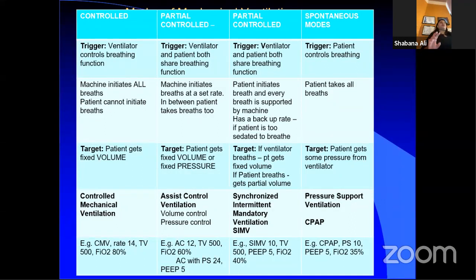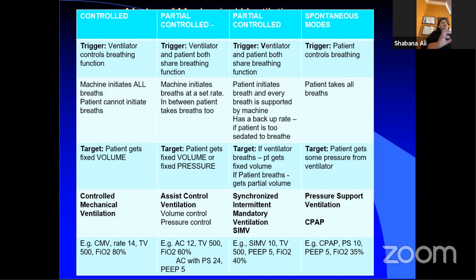Patient cannot participate, just like you have martial law or a clear lockdown inside the patient. You cannot go out, you cannot do anything. Everything has to be done by the ventilator. So here, as it says on trigger, the ventilator is the one controlling the breathing function. The patient is all like gone, just like a body. So the machine initiates all the breaths and the patient cannot.